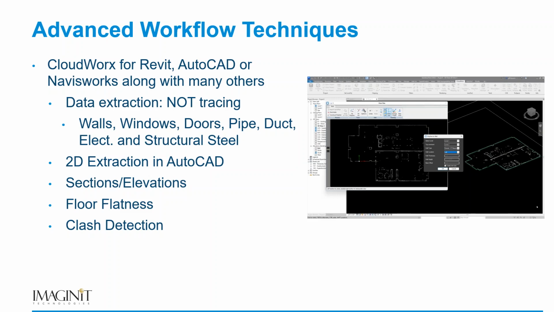And as I extract it, it also allows me to QA/QC it. That's a big deal. I want to make sure what I'm doing really does match the point cloud.